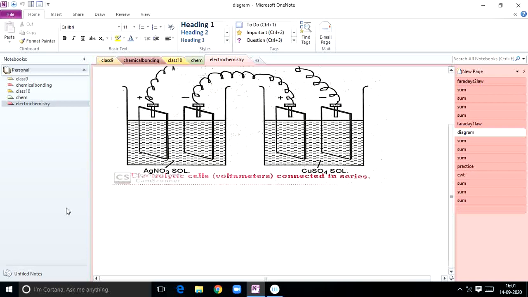So here let W Ag represent the mass of silver deposited, and the other one is W Cu, the mass of copper deposited.